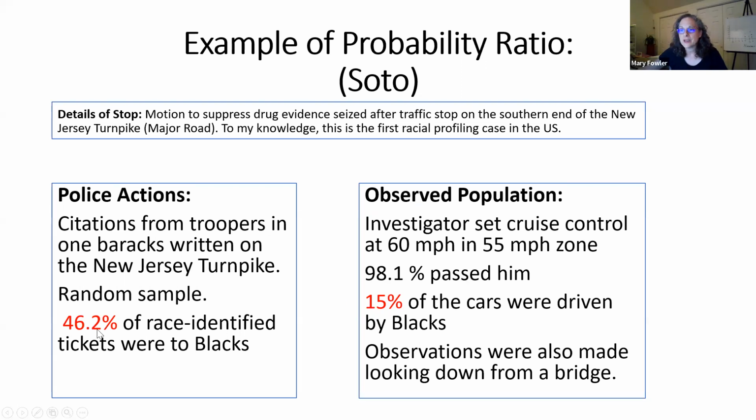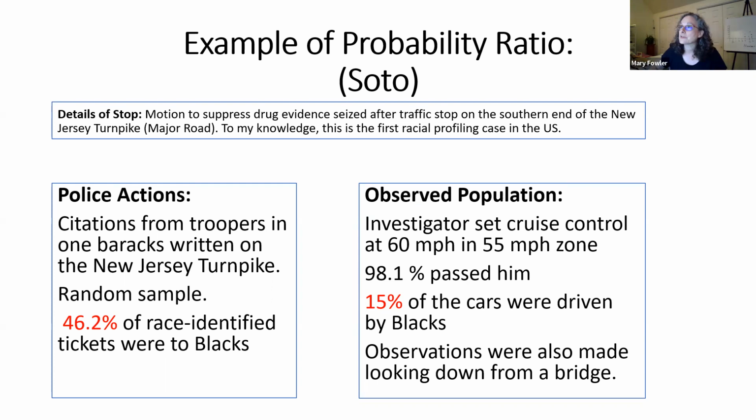So we need to compare the 46.2% of race identified tickets to Blacks to the 15% of the cars that were observed passing the investigator that were driven by Blacks.